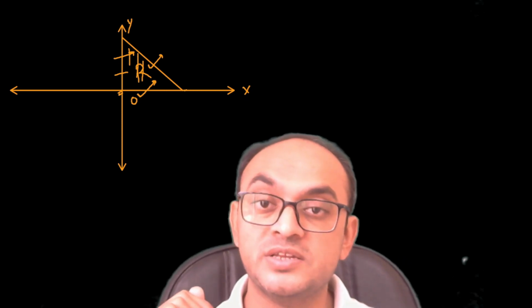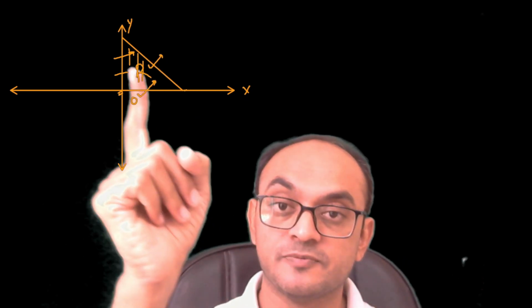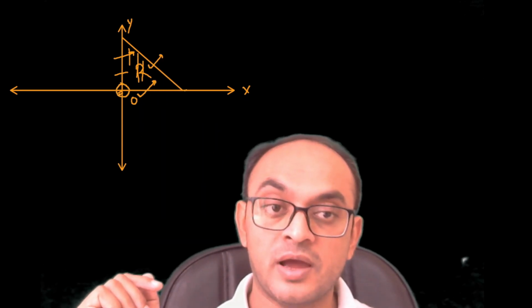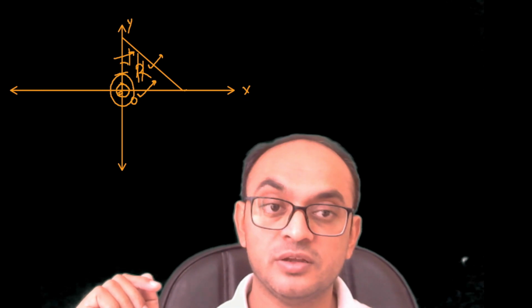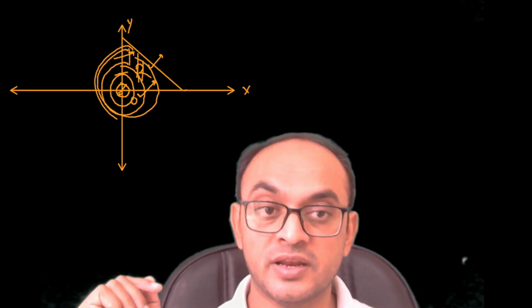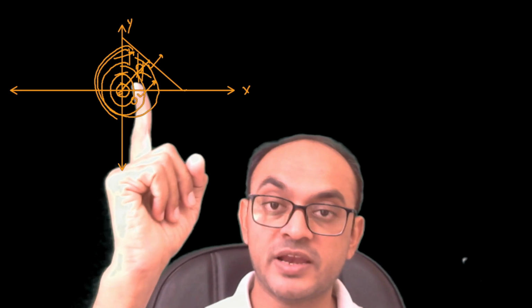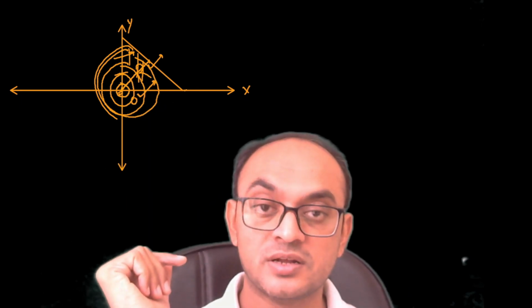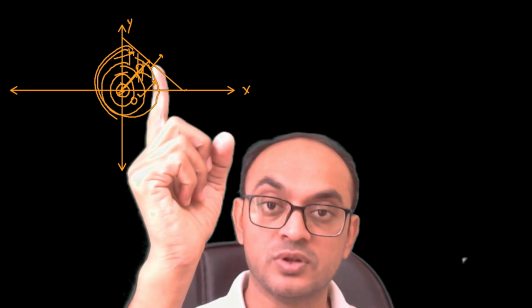We know that our region lies in the first quadrant. So suppose I try to cover the region using the circles. Then this is the radius r increasing in this way, and so the radius r fixes the circles, so I have to collect the circles from this circle to all these circles.